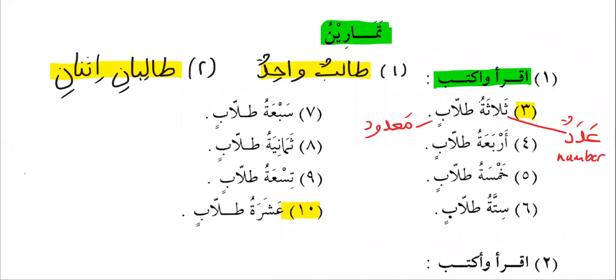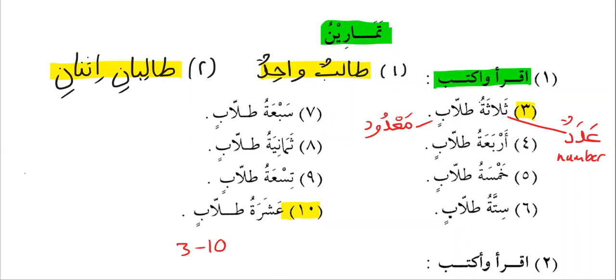And the ma'dood is that which we are counting or enumerating. So we have al-adad wal-ma'dood, the number and the enumerated. And as you mentioned, the rule is from 3 to 10.